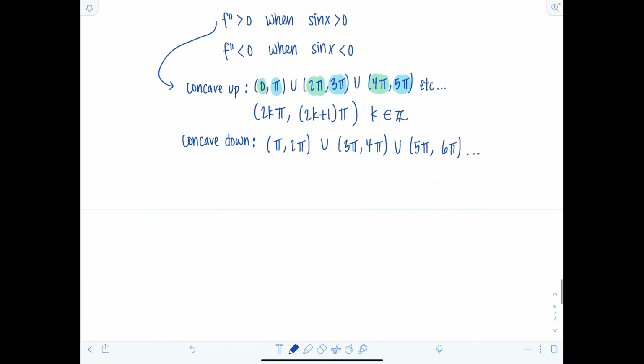So that means it starts at an odd integer. We can start at 2k plus 1, but it's better, since we're going to bump it up in the next one, to start at 2k minus 1 times pi, and then the next one would be 2k pi, where k is an integer.